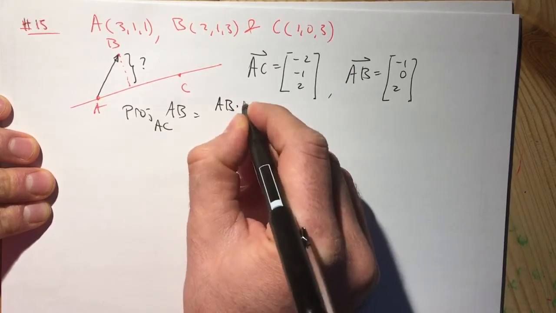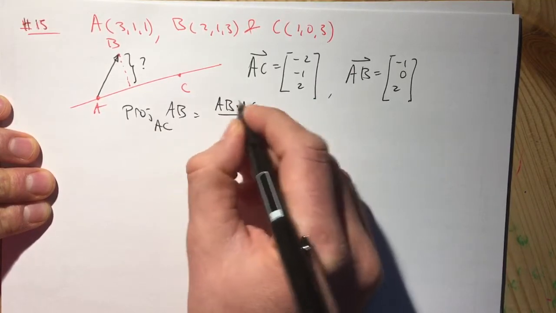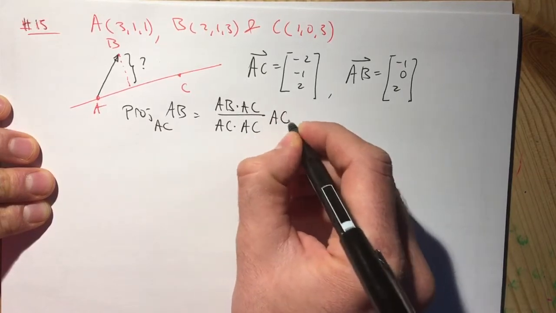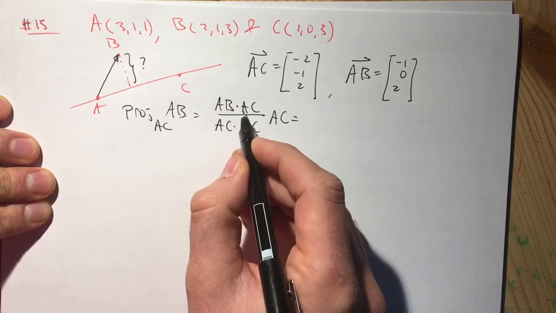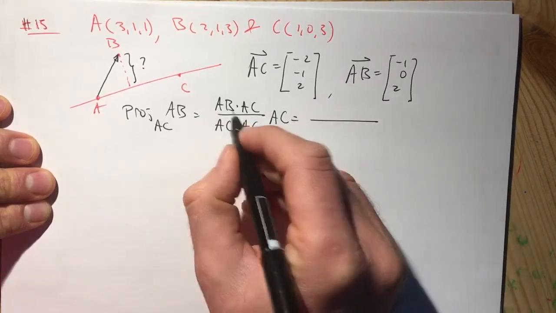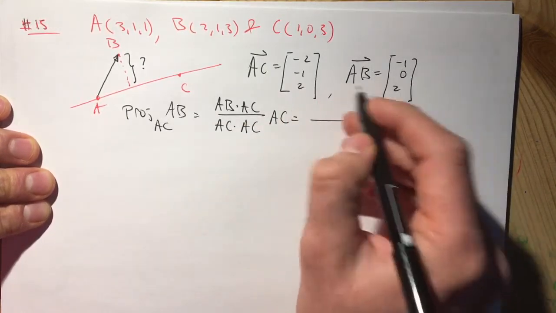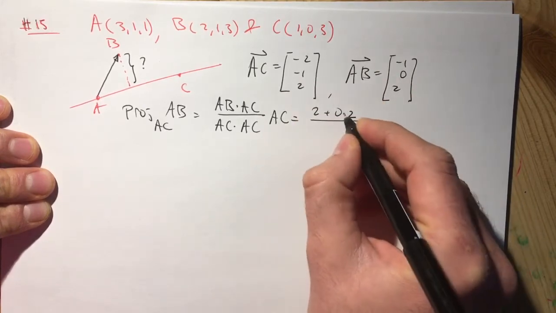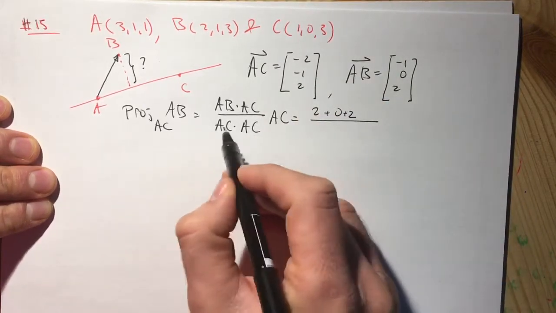Okay, so we project AB onto AC. That's AB dot product AC, which is a scalar, over AC dot product AC times the vector AC. So I have a ratio of two constants, which is a constant times AC. So AB times AC is negative 2 times negative 1 is 2. Negative 1 plus 0 is 0. 2 plus 2 is 2. Divided by AC dot product AC.